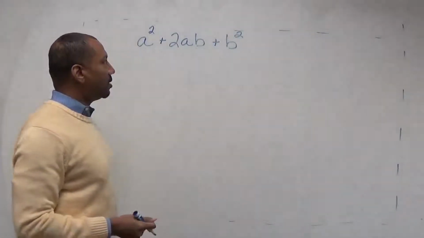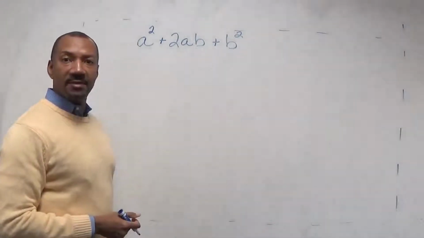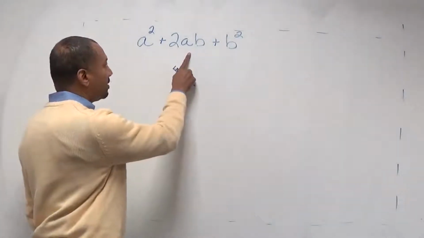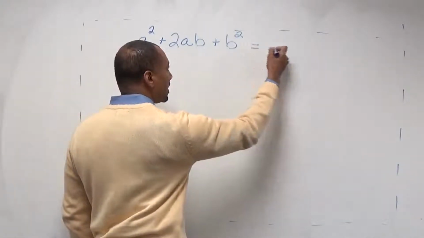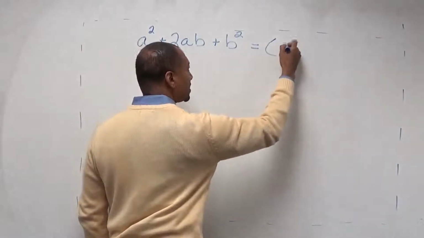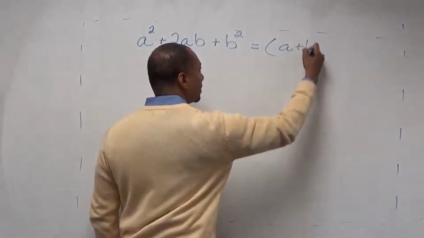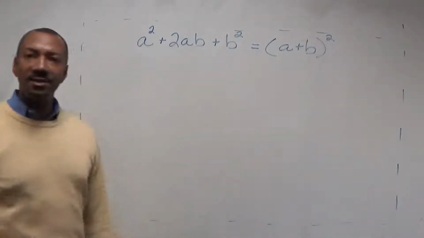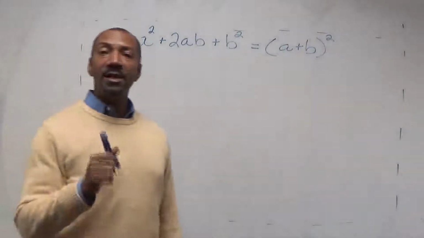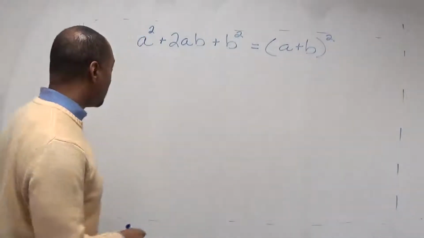And we know that for this particular form, this can be factored down to just a plus b being raised to the second power. So let me show you how to use this formula.